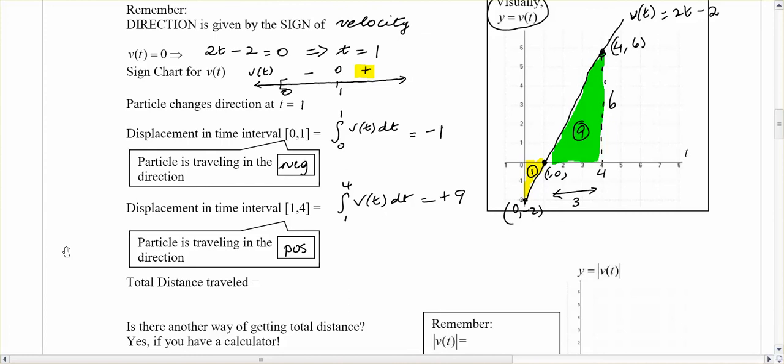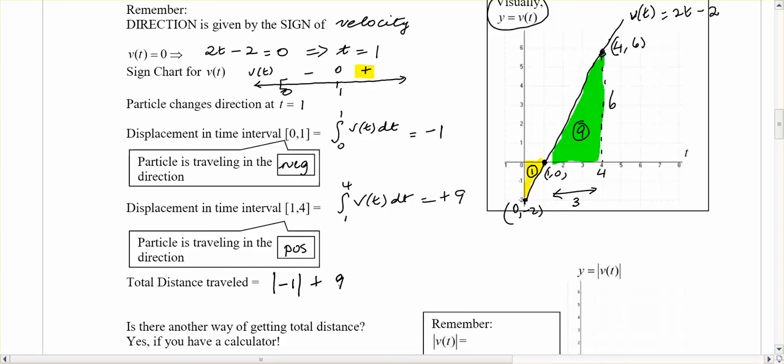So my displacement is -1 when I'm going in the negative direction, which means I travel 1 unit in the negative direction and then 9 units in the positive direction. The total distance traveled is given by the absolute value of -1 plus 9.